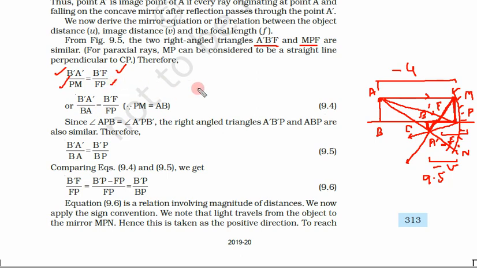This is from the property of similar triangles. How do we get this? Previously, in the beginning of this chapter, we have learned that if this angle is theta, this angle must also be theta, because these are corresponding angles.